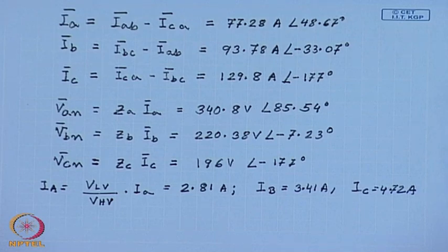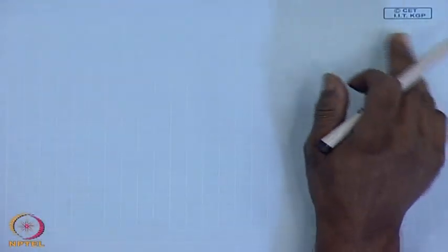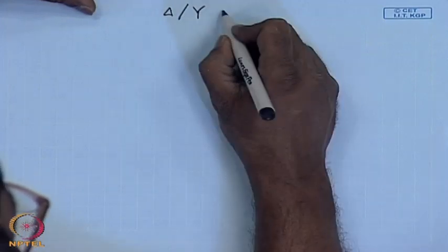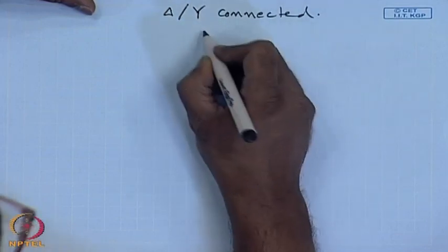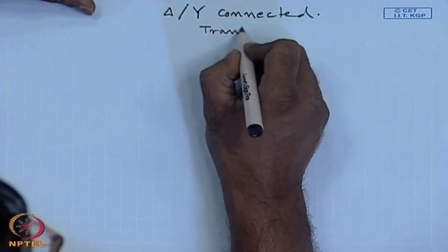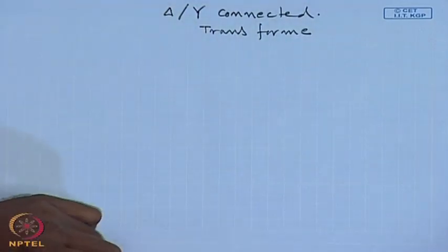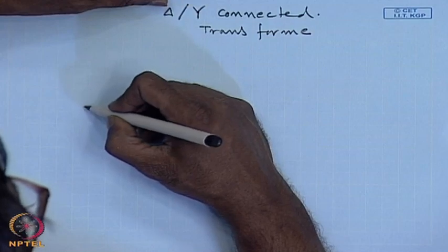Now, let us see what will happen if the transformer was delta star connected with the load neutral connected to the delta star connected transformer. Same set of loads, but now the transformer is delta star connected. So, this is the arrangement.